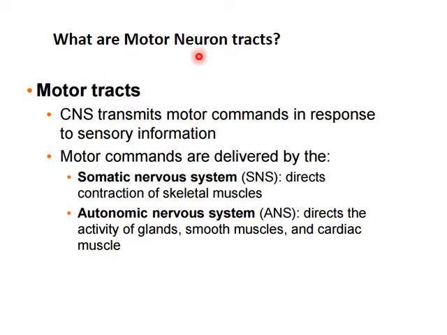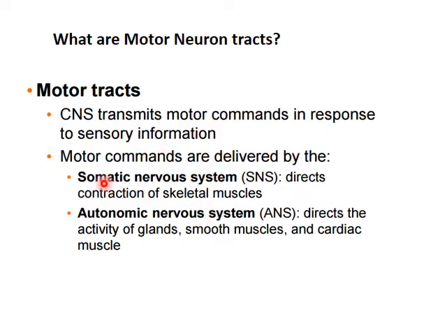What are motor tracts? Motor tracts are mainly the tracts that are responsible for transmitting the motor commands in response to sensory information. And these commands are delivered by two main systems.